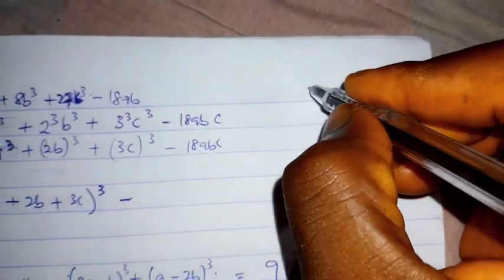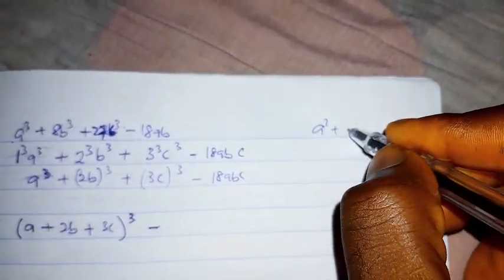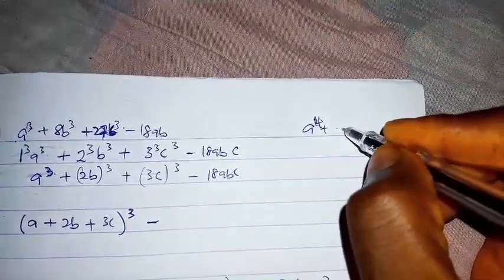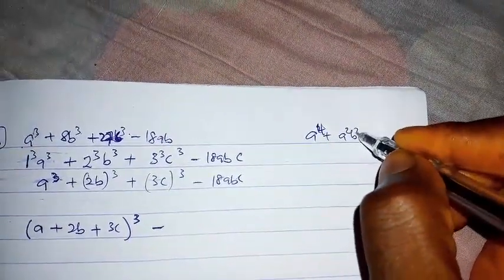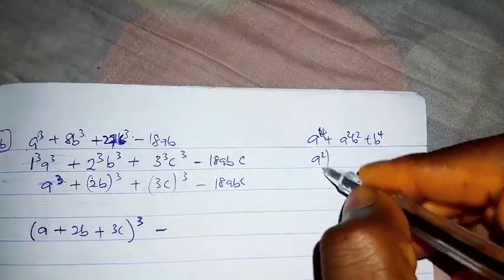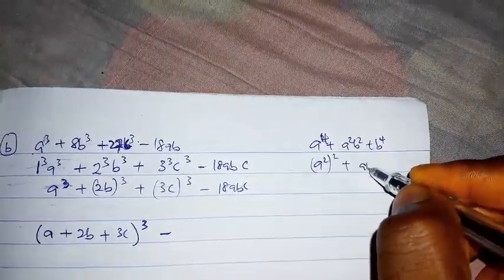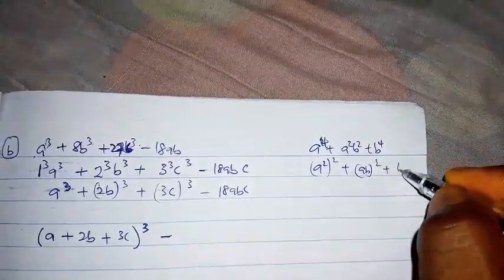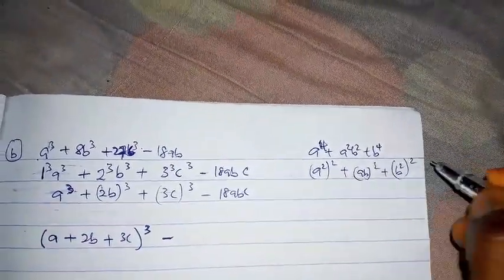Now given a raised power 4 plus a squared b squared plus b raised power 4, I said it's the same thing as a raised power 2 plus b raised power 2 all raised power 2.